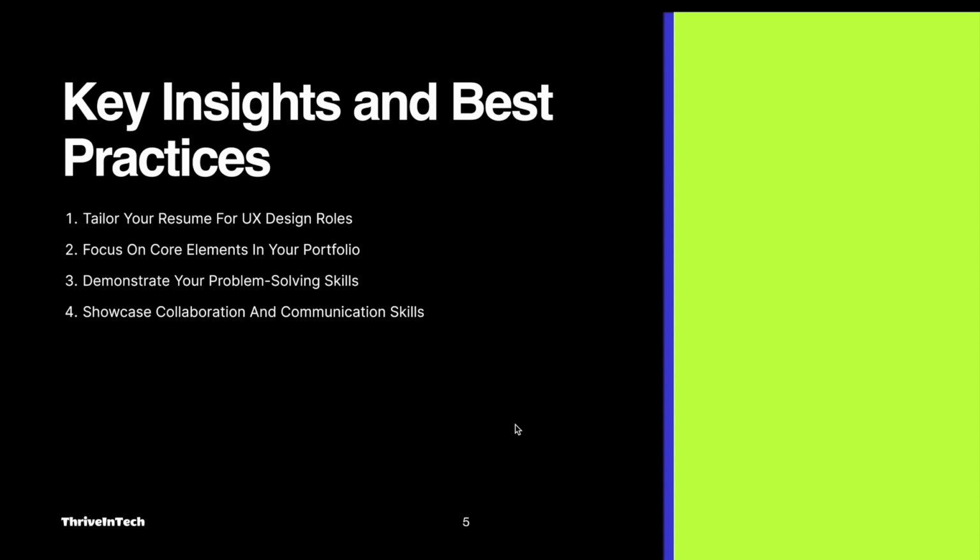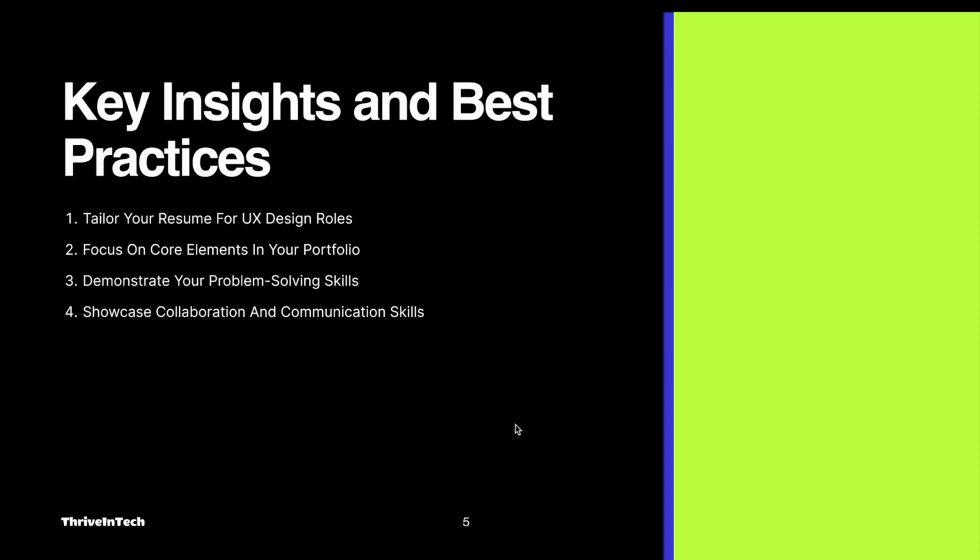So the second one is focus on core elements in your portfolio. What this means is that you should showcase a diverse range of projects that demonstrate your expertise in various UX design aspects, such as research, wireframing, prototyping, user testing, and so on. Now, this is where the UX case study comes in.